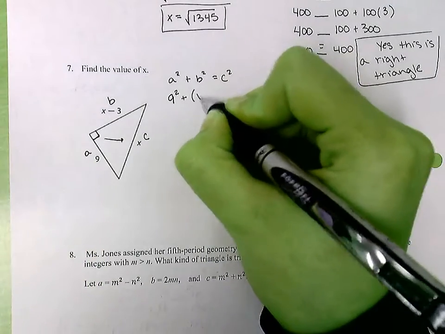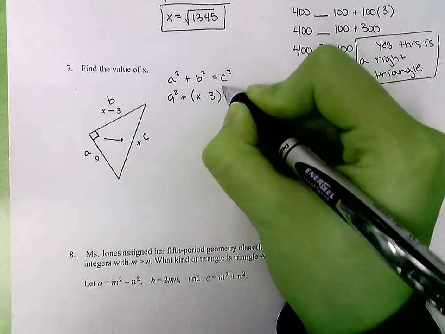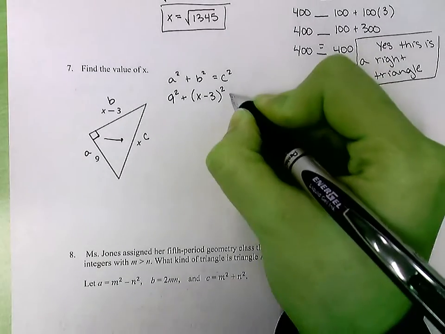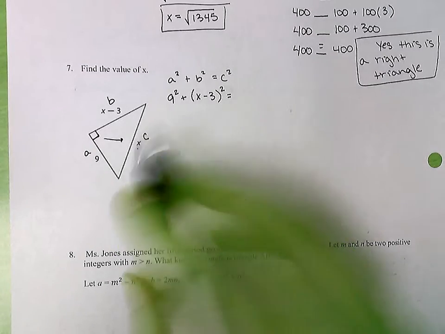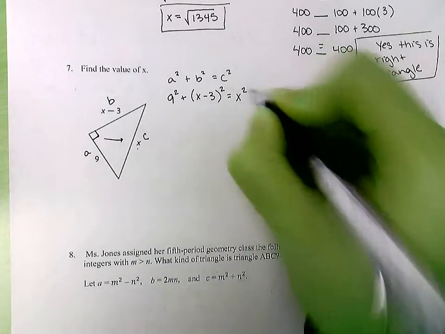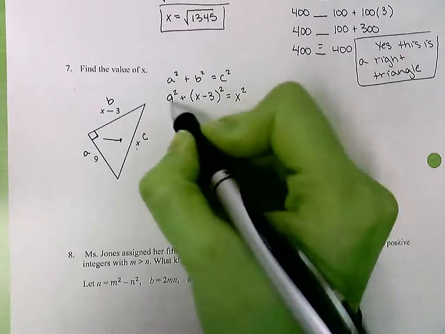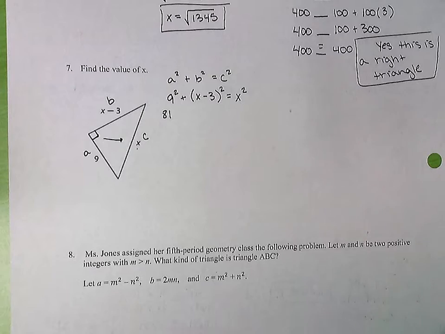So I'm going to put parentheses around that x minus 3 and square it. That's equal to, C is x, so we have x squared. So I'm going to simplify here. This 9 squared is just 81, right?